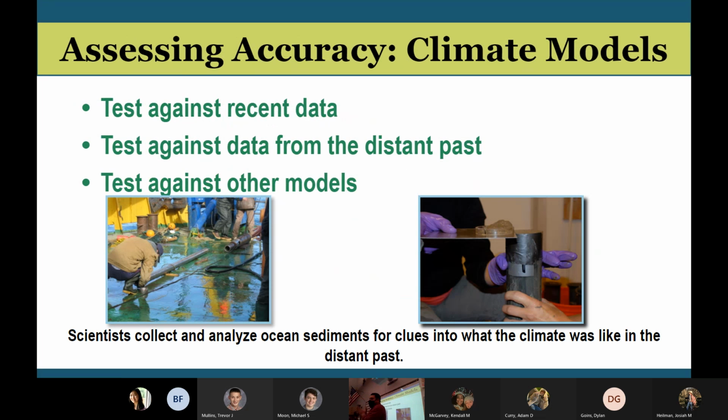Okay. So the way we do that is we assess our model, we test our model based on the data that we do have, that we did gather. So I'm trying to predict the weather for tomorrow. Well, guess what I'm going to do tomorrow? I'm going to record the data. I'm going to gather the information. Was I right? Was I wrong? What was wrong with my model? How can I make it better next time?